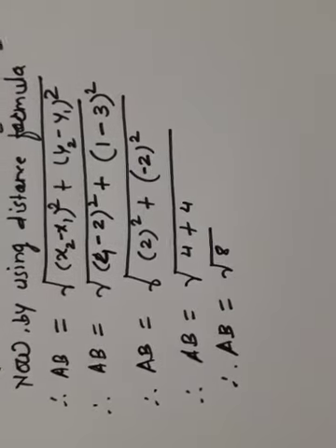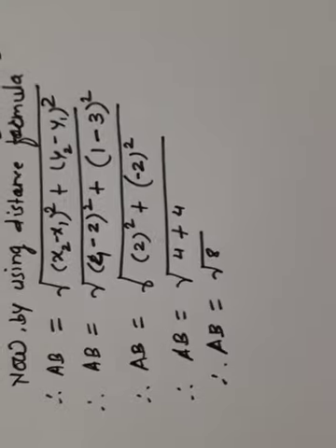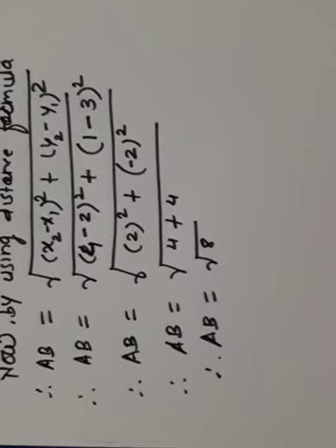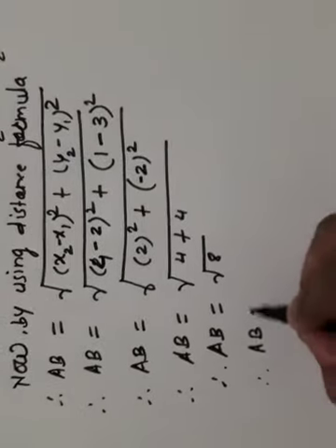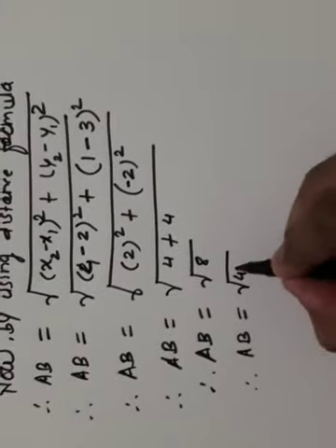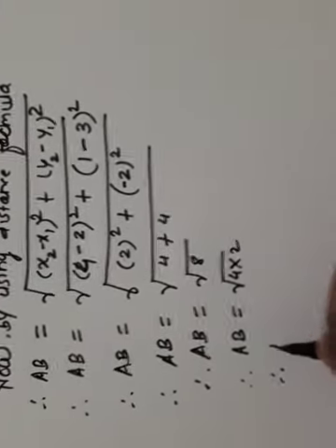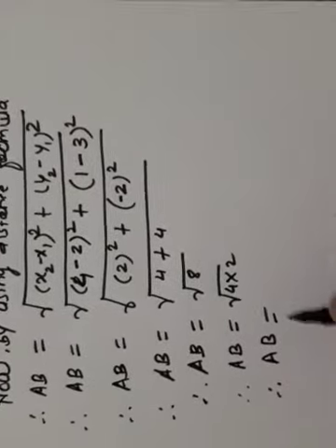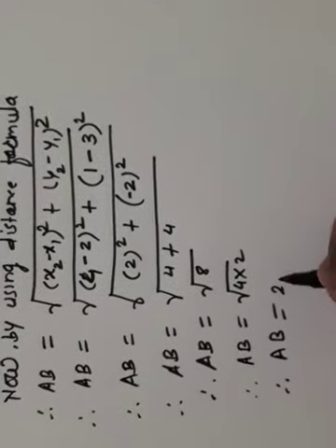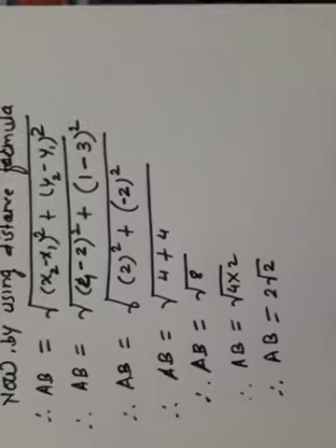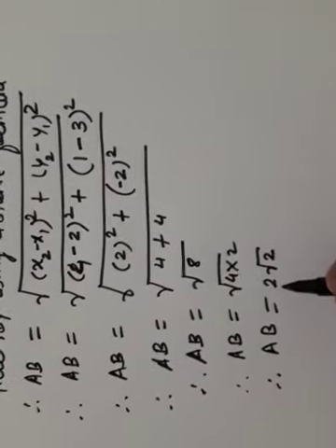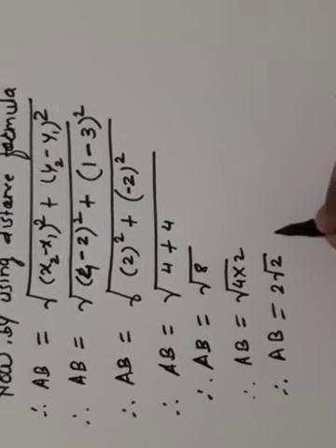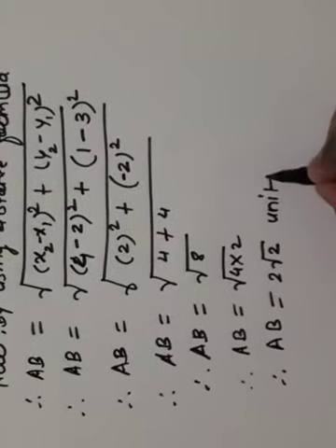Therefore AB is equal to, we know that 4 into 2, so AB is equal to the square root of 4, which is the square of 2, then take out 2, and in the square root what will remain is 2. I took out the square root of 4, which is 2, so what remains in the square root is 2, while writing units.